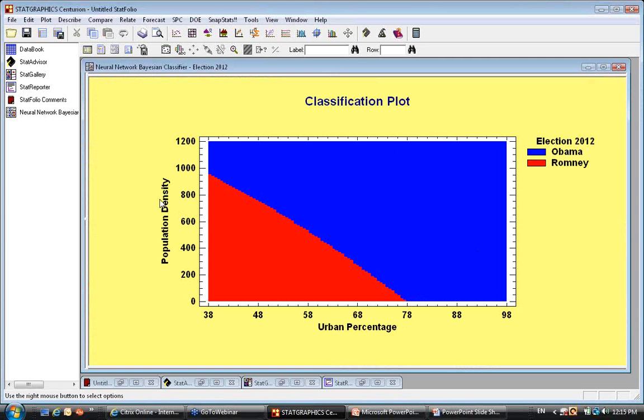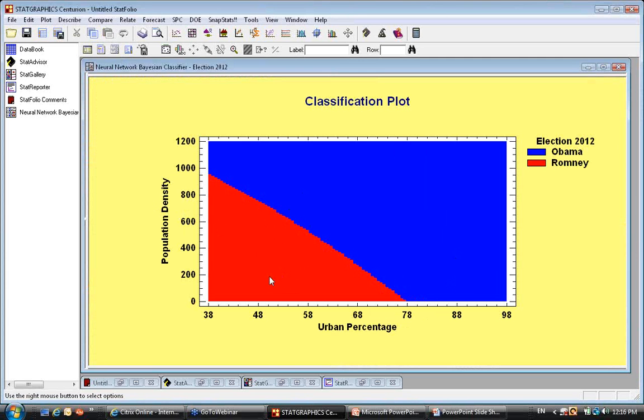So except for urban percentage and population density, everybody is held at its mean. But now it's showing you what the trade-off is between Obama and Romney. And wherever it's blue, if a state had that combination of urban percentage and population density, we would assign it to Obama. And if it had something in the red zone, that would be Romney.